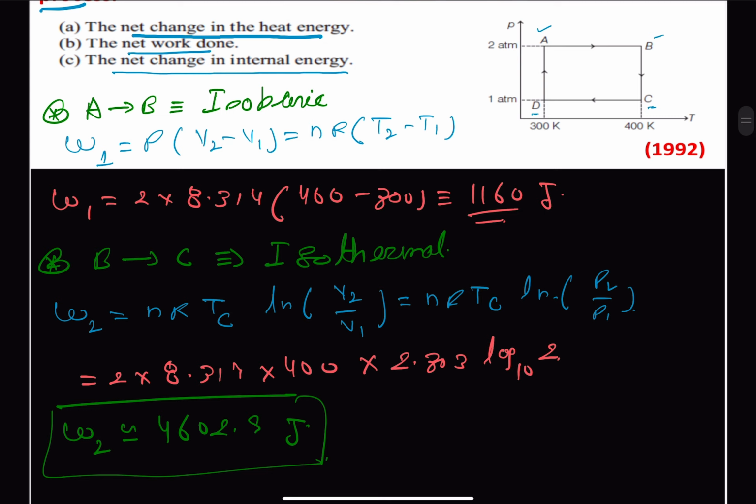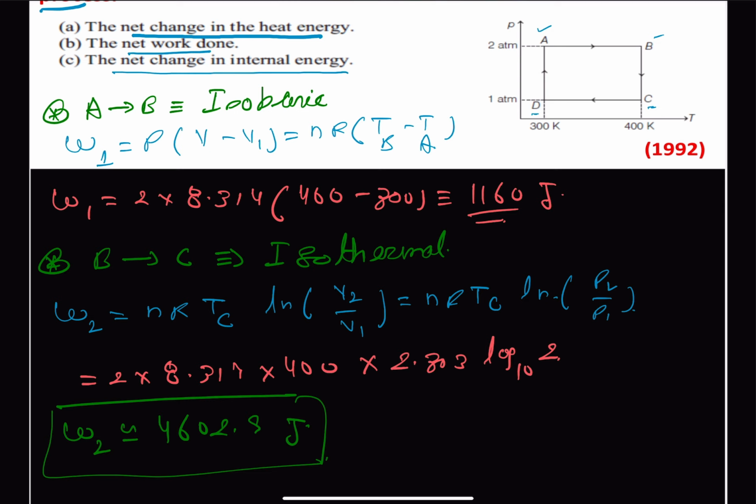Here we have to write temperature at B and temperature at A, then it makes a little bit of sense.